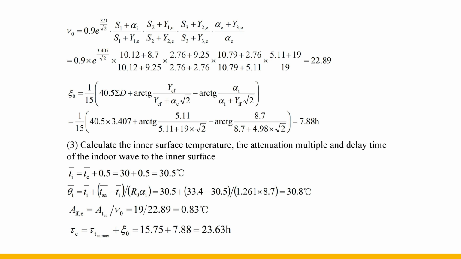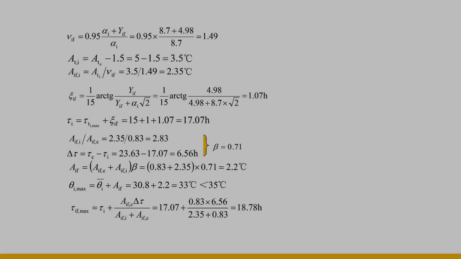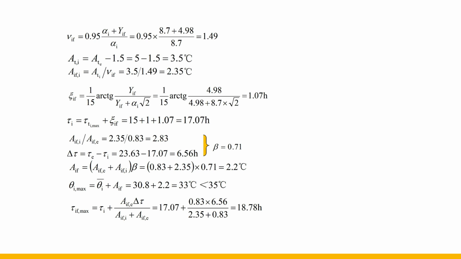The time of the highest temperature on the inner surface caused by the outdoor harmonics is equal to the appearance time of the highest value of the outdoor solar air temperature plus the delay time of 7.88 hours under the action of the outdoor harmonics, which is equal to 23.63 o'clock. That is 23:37:8.